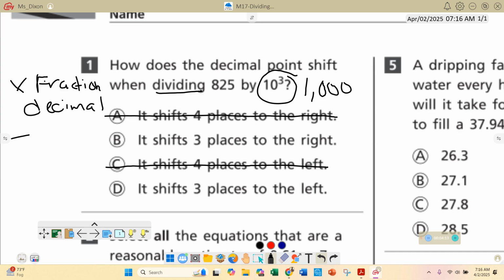So when you divide by a whole number or you multiply by a fraction or a decimal, remember the fraction or the decimal is a part, and we sing part of Beyonce.